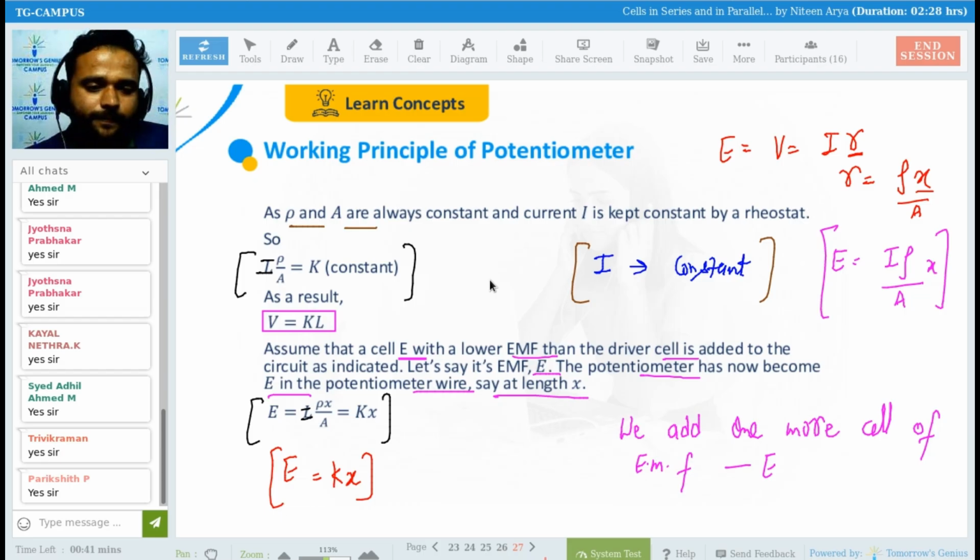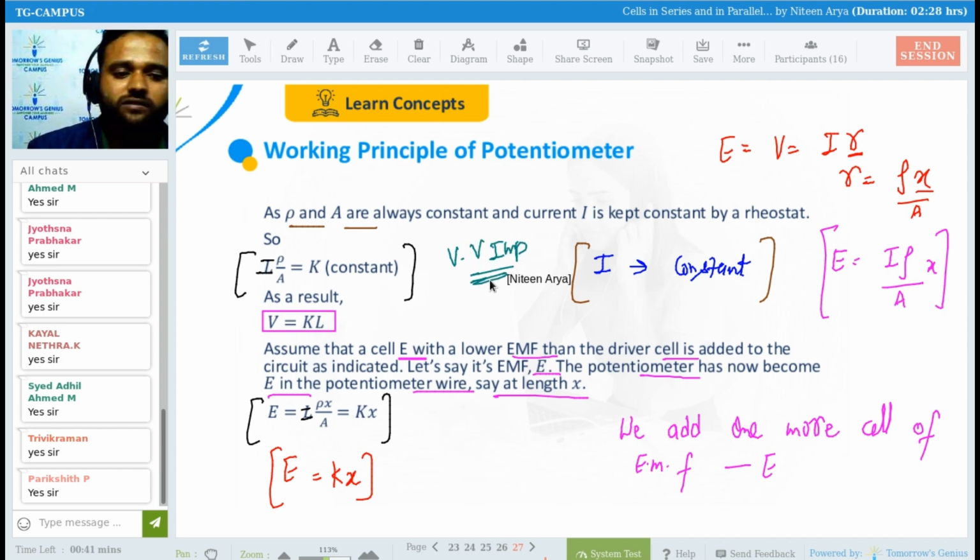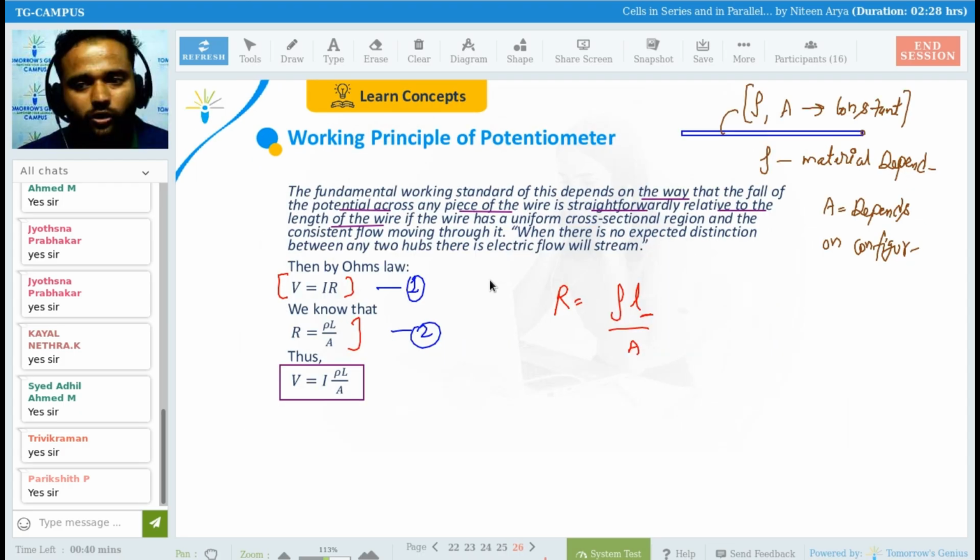Is this clear till now? Tell me, this is a very crucial and important thing. Is this clear or not? If it is not, you can tell me. Can you repeat? Okay. See, I am doing nothing new here, beta, just following the laws.